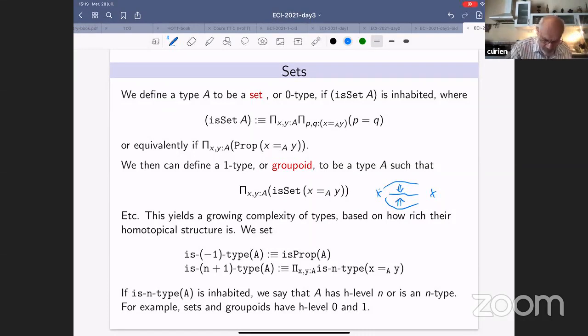So let me risk it. I will call this 2-type, or I could call it 2-groupoid.